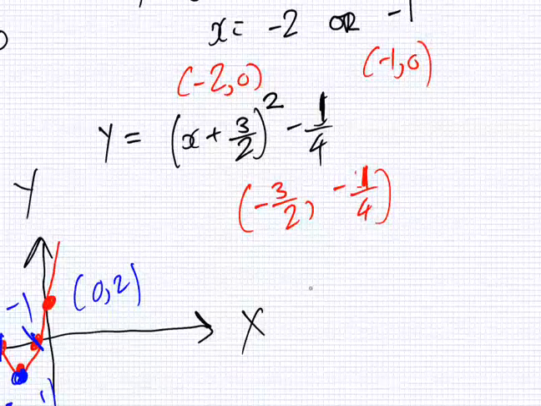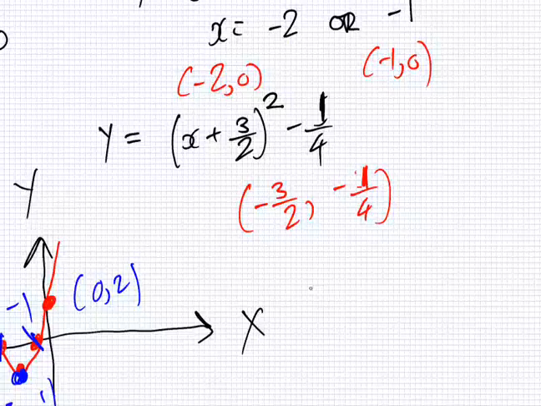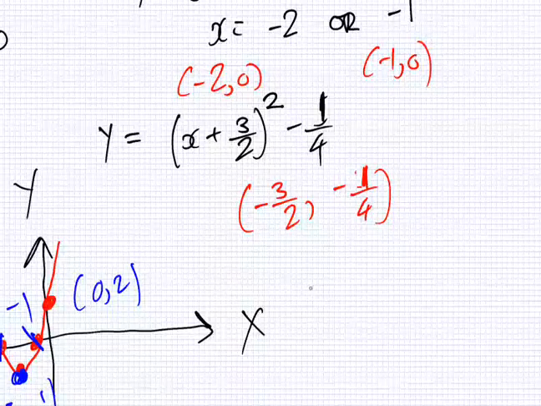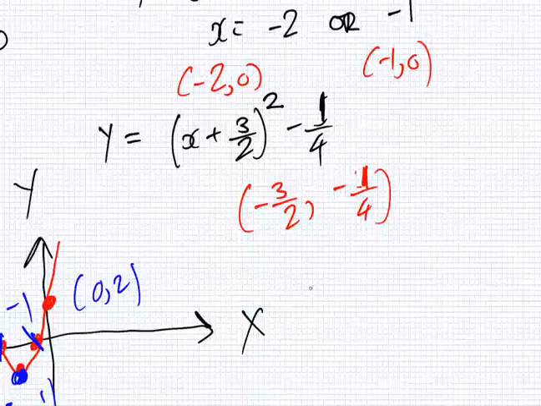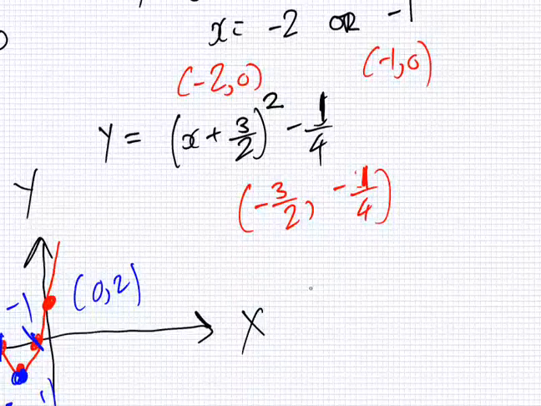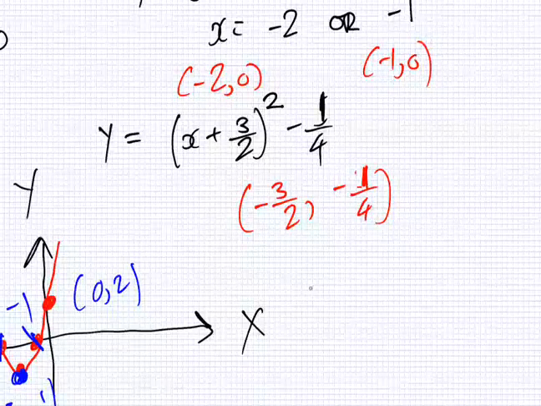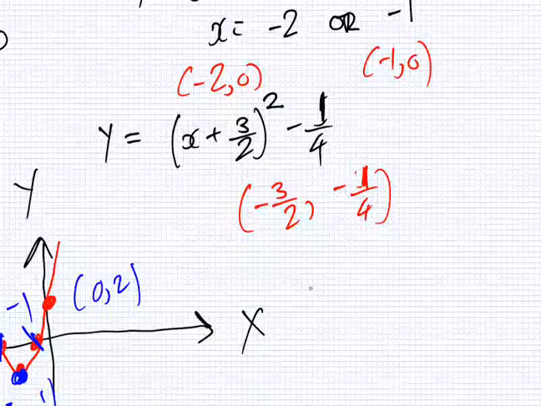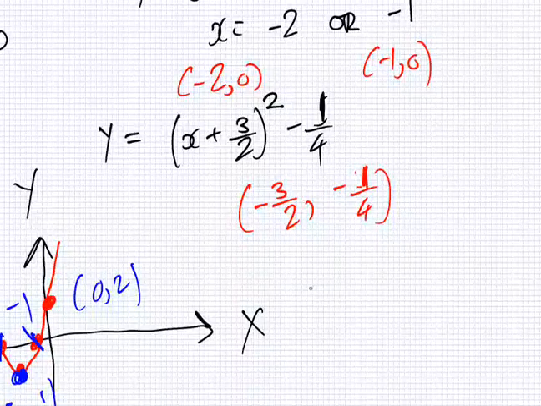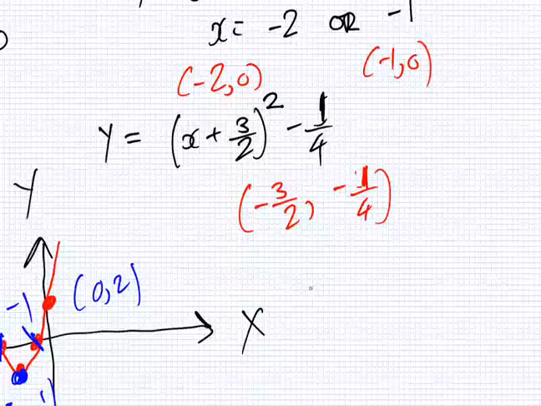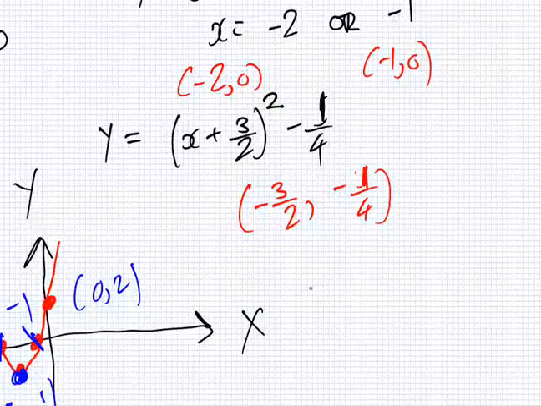Oh, actually, I want to show you the Y-intercept as well. So minus 2 I got here. Minus 1 I got here. 2 here. And if you look at the minimum, it's around about, let's zoom. Minus 1.5. And then minus 0.25. Which is exactly what I got as well.